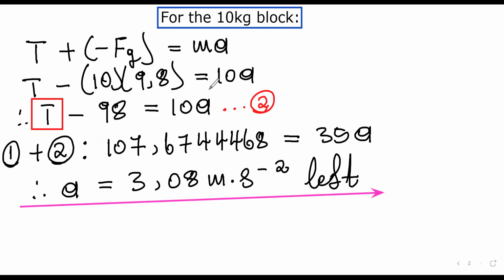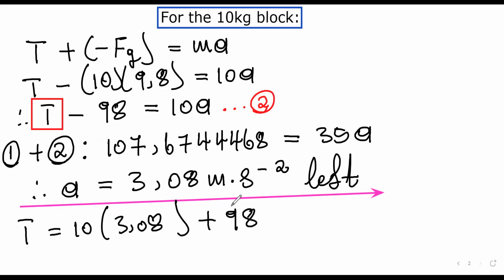But if the next question had said calculate the tension force, then that's easy. You can now substitute your acceleration into any of the two equations in order to find the tension force.